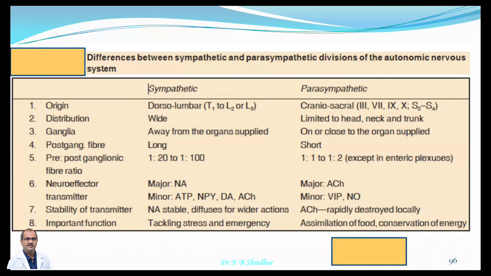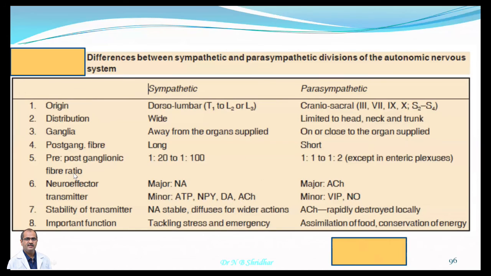Ganglia of the sympathetic nervous system are away from the organ supplied, whereas they are very close to the organ of innervation in the parasympathetic nerves. Postganglionic nerve fiber length is long in the sympathetic nervous system, whereas in the parasympathetic nervous system it is short.